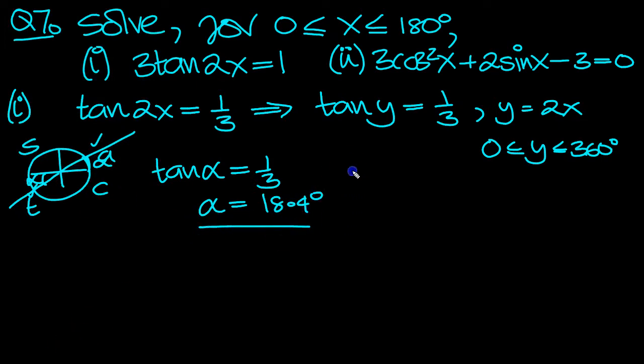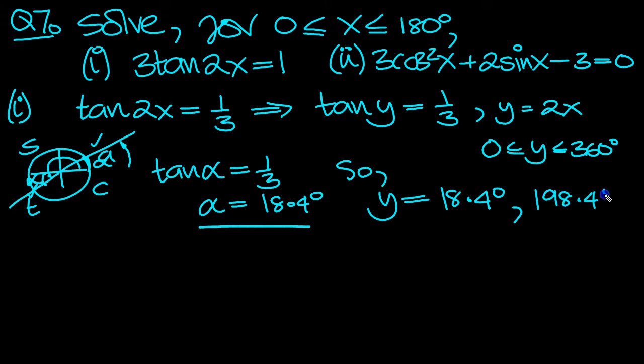So that tells us then, y is equal to, the first solution for the y value is round here, which is simply 18.4 degrees. And the other solution for y, we need to go right round to here, which is 180 plus 18.4, which is 198.4 degrees.